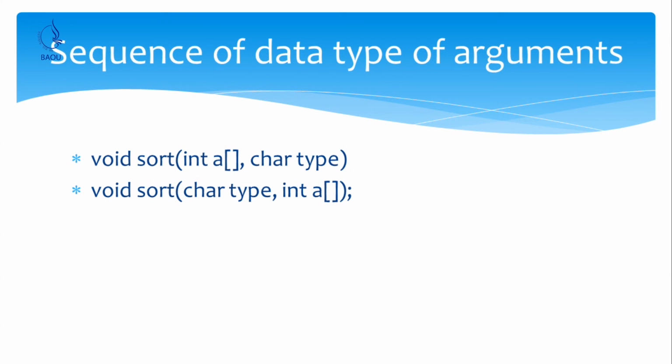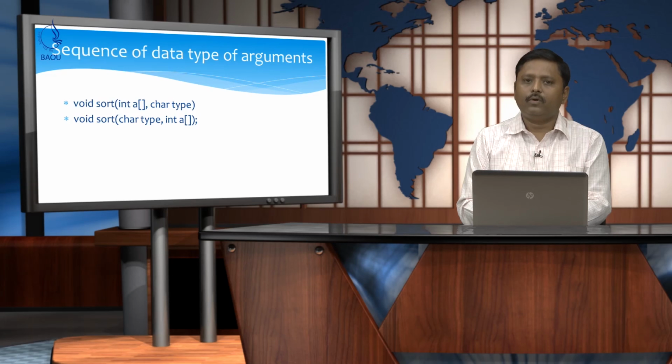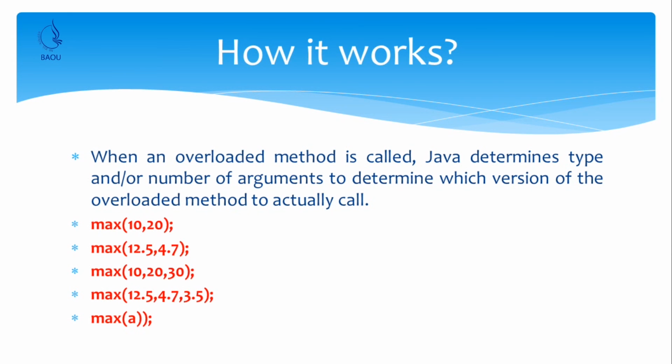We can define two sort methods. The first method has an integer array as the first argument and the type as the second argument, and in the second case we have the type as the first argument and the array as the second argument. This is also an example of method overloading. Now, how does it work?